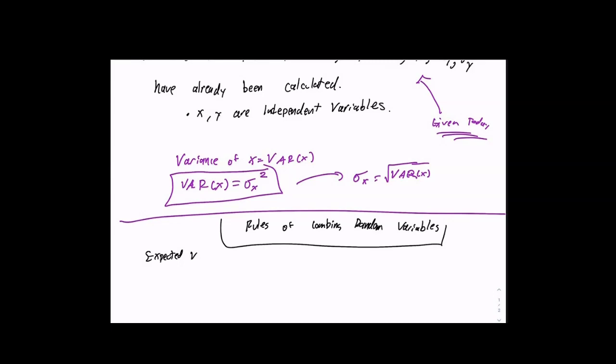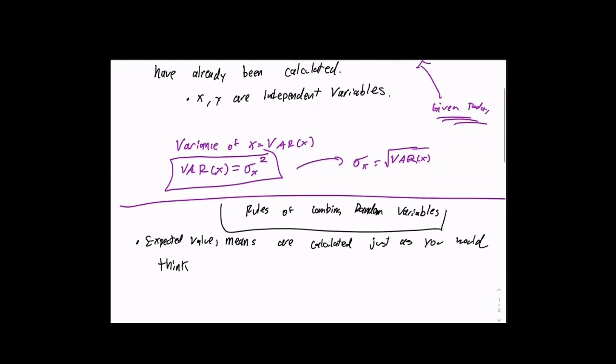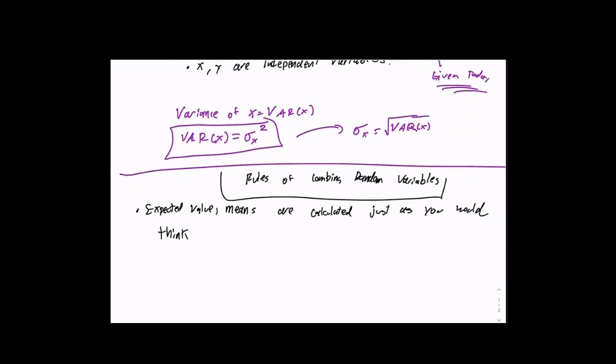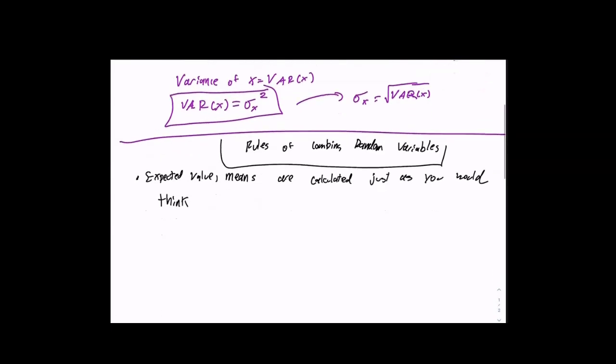Expected value and mean are calculated just as you would think. All right, so remember way back when, like in chapter 5, when we added a bunch of stuff to the data. The calculation of means, which is also expected value, does not change.